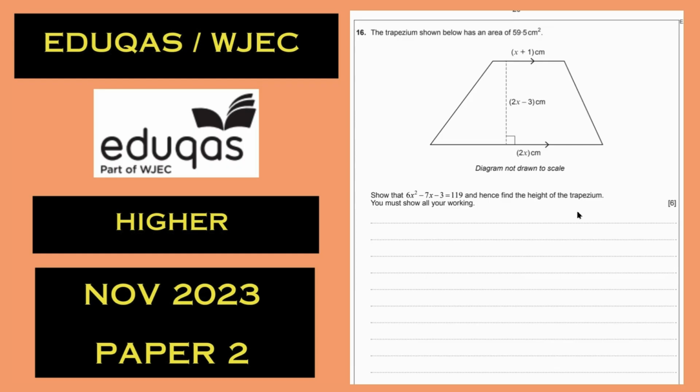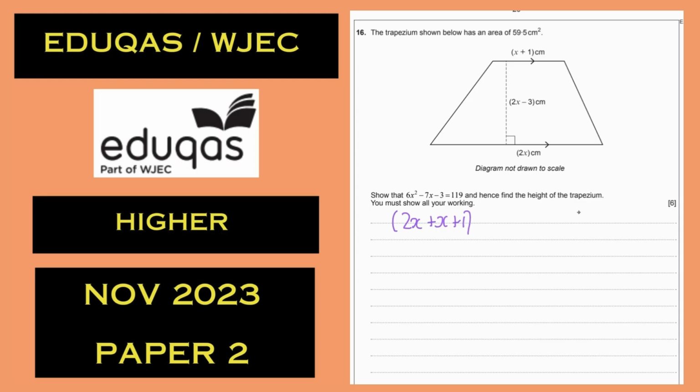Number 16, one of them that can be off-putting. Don't let it. The fact is, if you knew the numbers, you would start by adding the parallel sides and halving them. So let's do it. The x plus 1 and the 2x added together gives us 2x plus x plus 1.